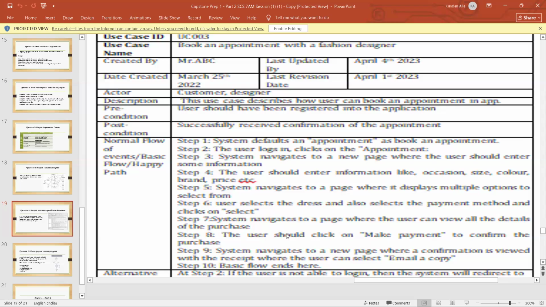So we will click on the appointment button, and after you have clicked on it, a new page will pop up. In that new page, we need to fill in some details, in order to know why we are booking an appointment with the fashion designer. Okay, so all those are steps. Here we need to write each one as each step in the normal flow.